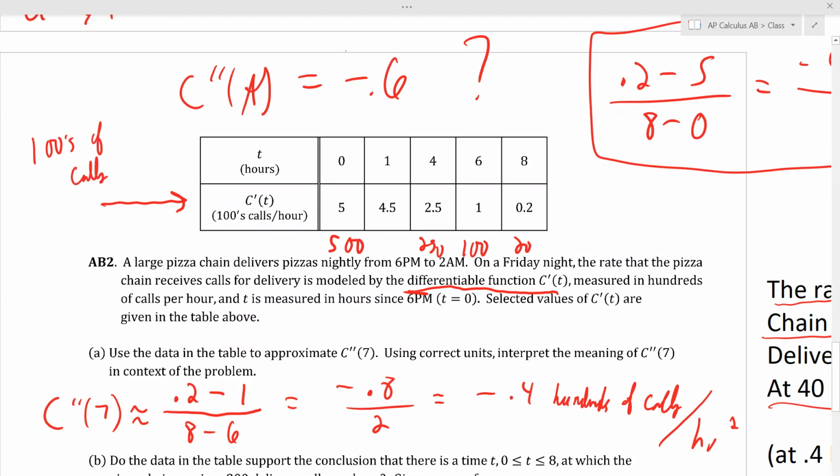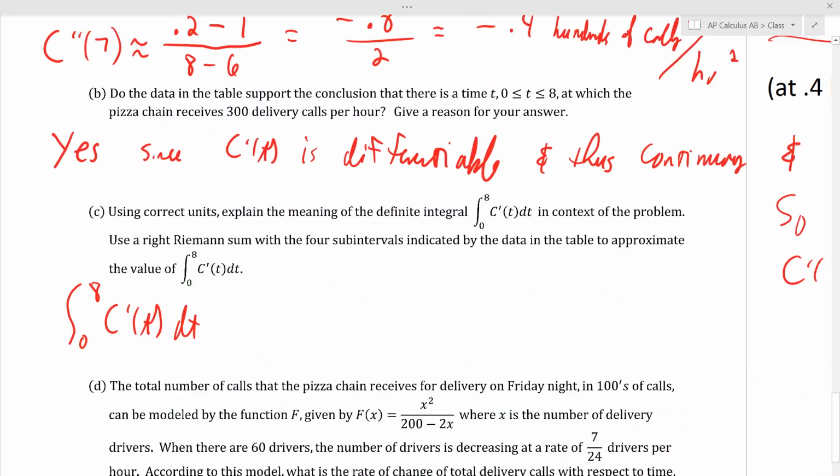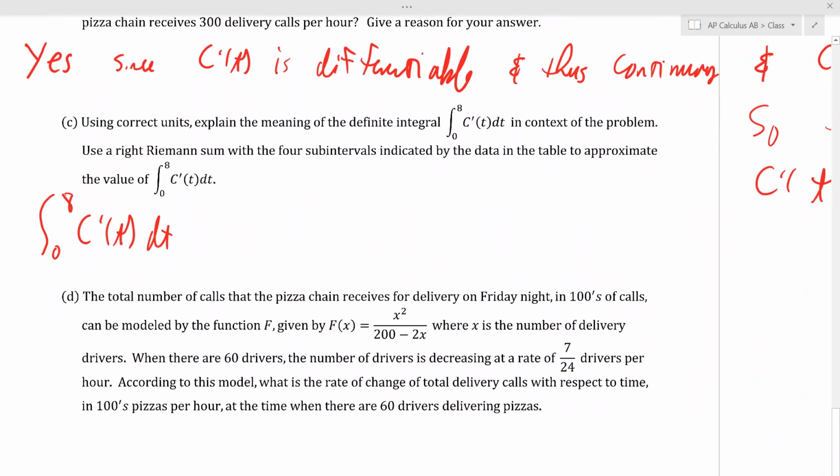That's what integrating does. It gets rid of the time units in the denominator of our units. It multiplies by hours basically, because there's a dt at the end of it. But if you integrate a rate of change, you get the total change. We've talked about that.